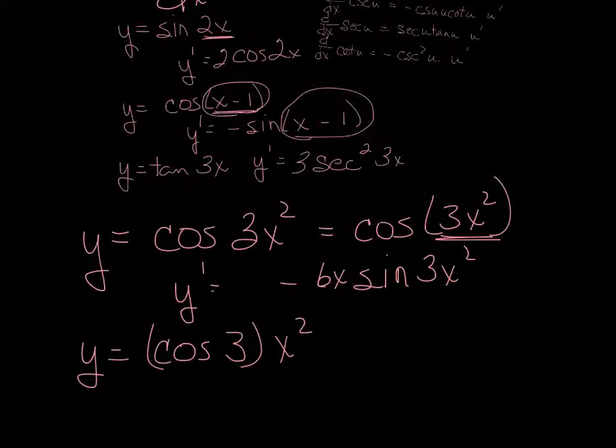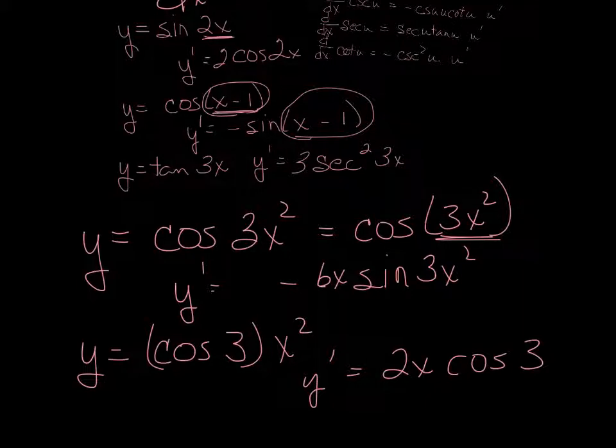Do we have an x here? No. This is a constant. So it's just a constant, so it is going to be 2x times the cosine of 3. Because the cosine of 3 is just a constant.